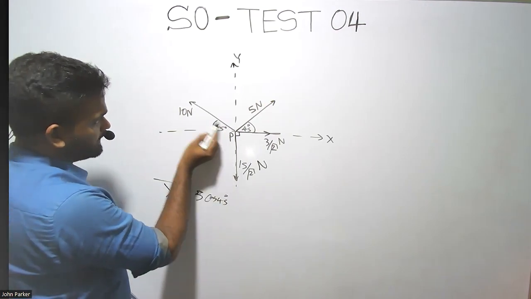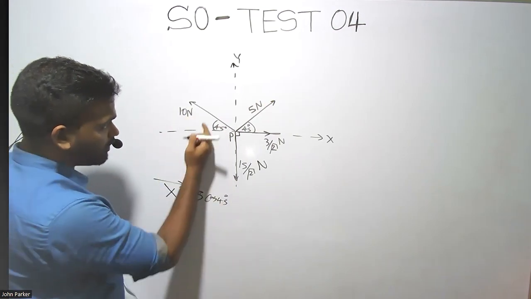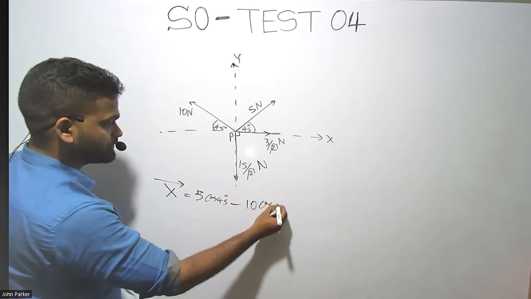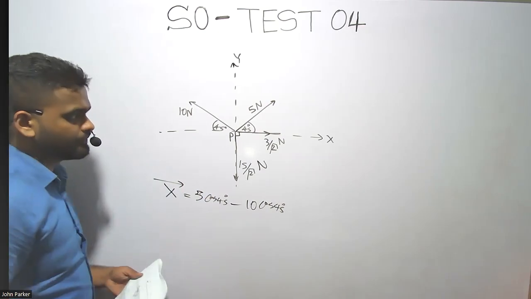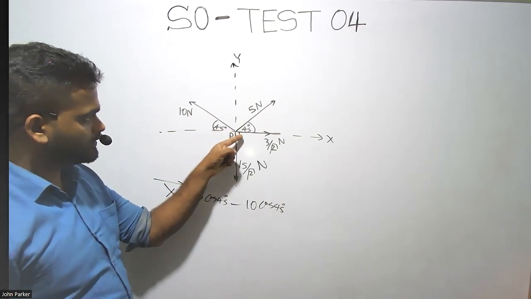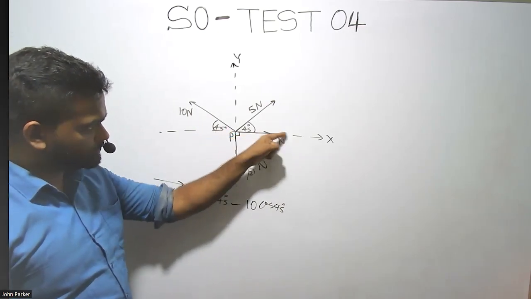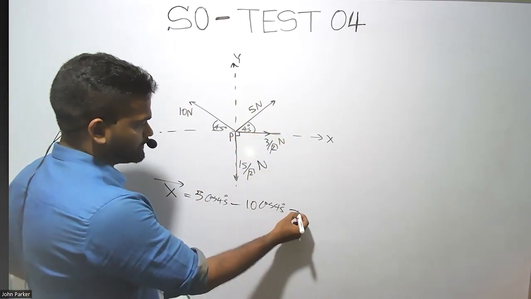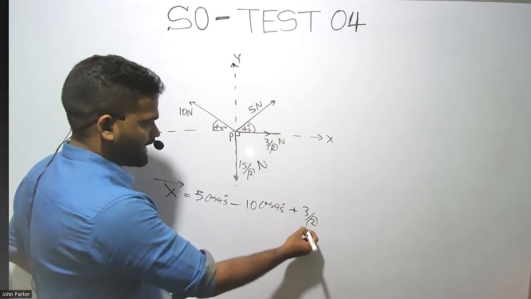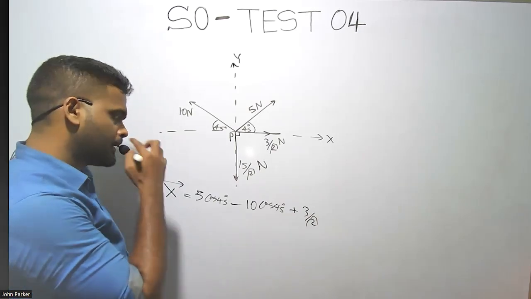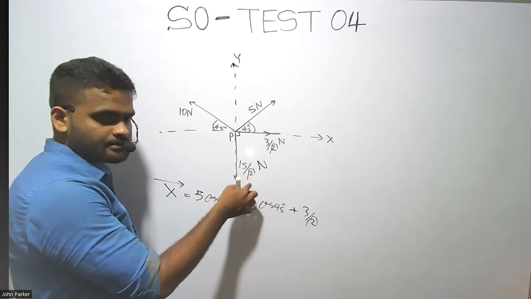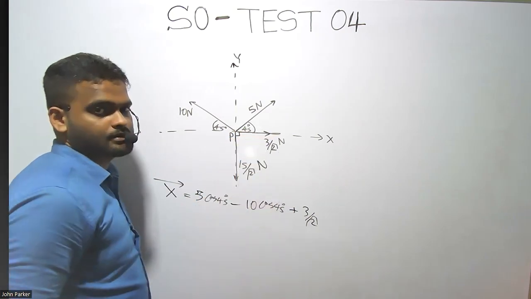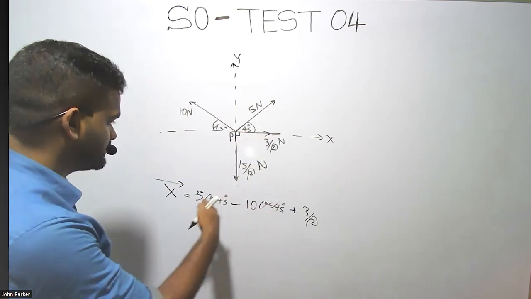Then you have 10 cos 45, but it is to the other direction, so it is minus 10 cos 45. Then there's 3 over root 2 to this side. It's already in the x direction, so you just have to add that. And we don't have a component from this because it is perpendicular to x direction.